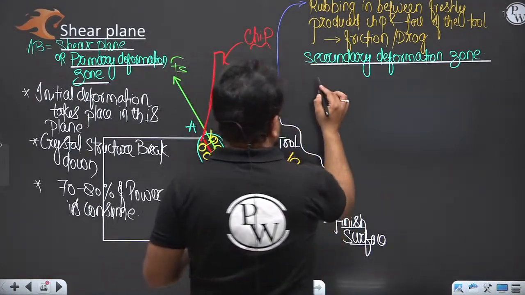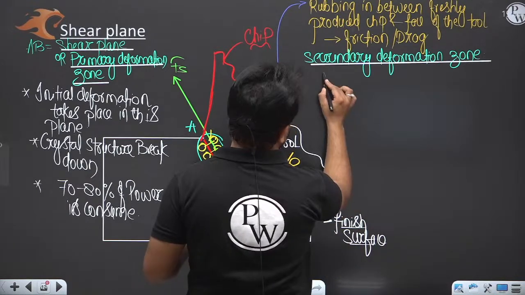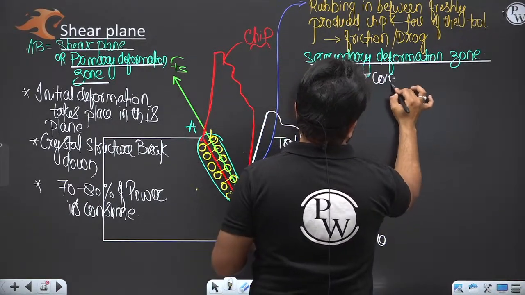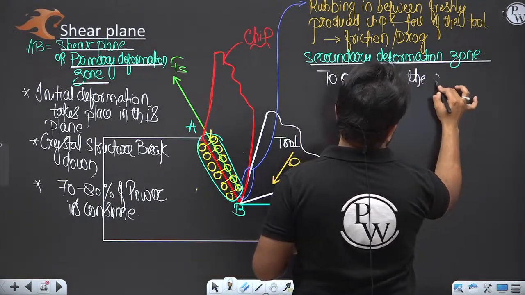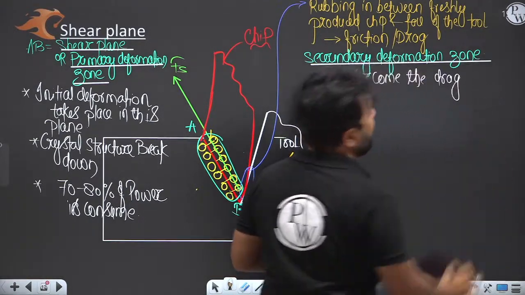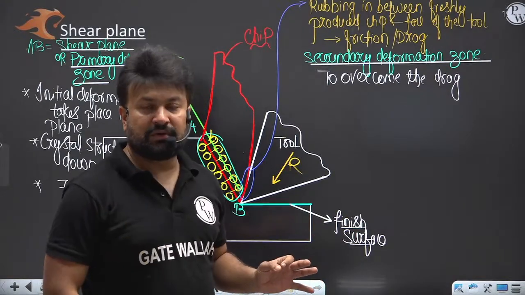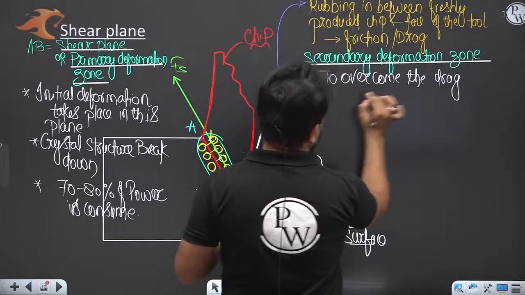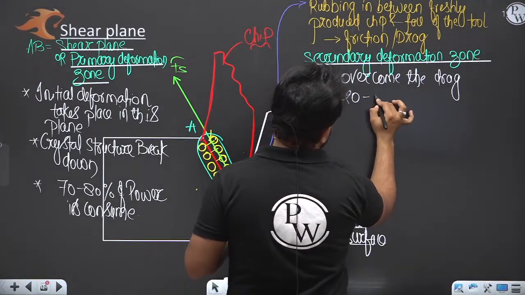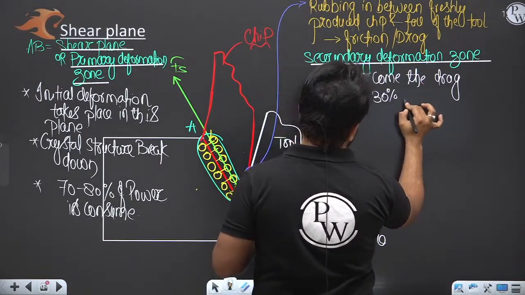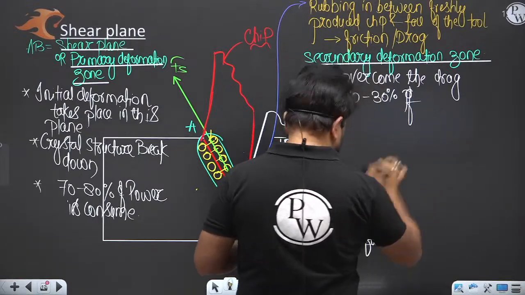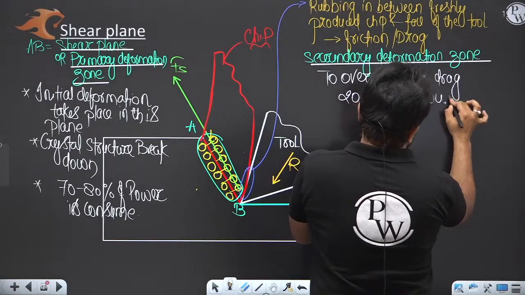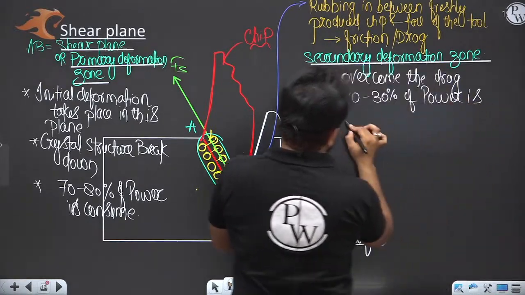To overcome the drag, 20 to 30% of the power is consumed.